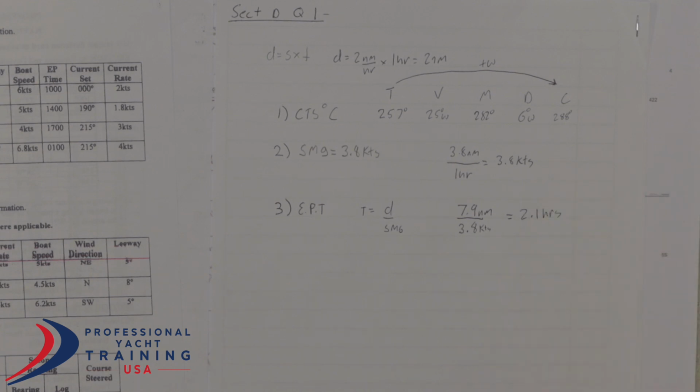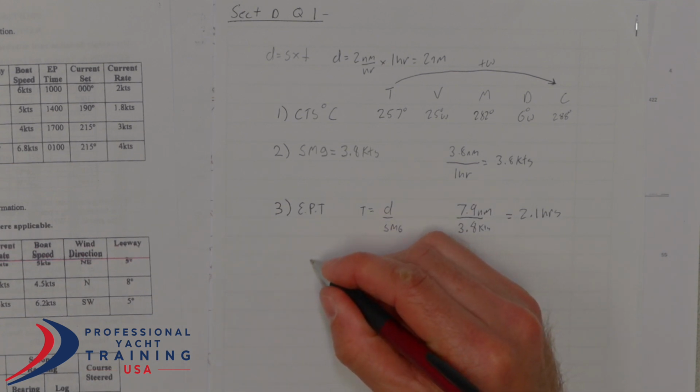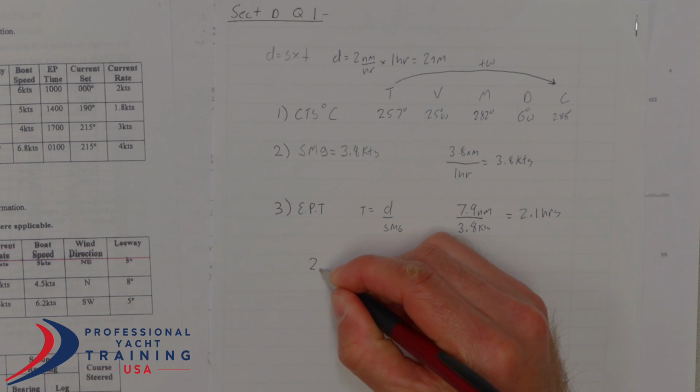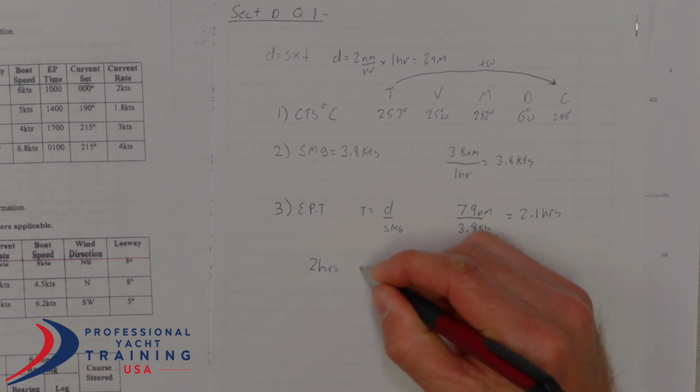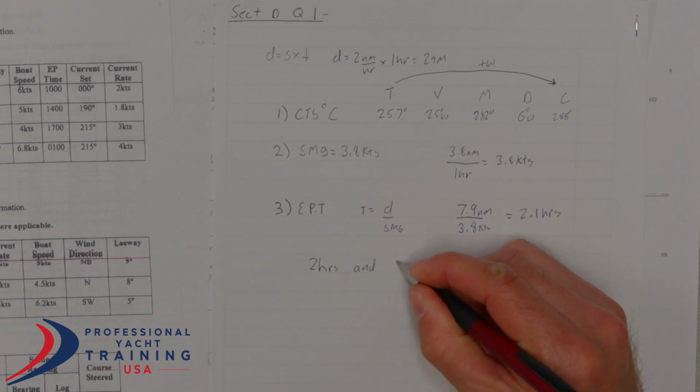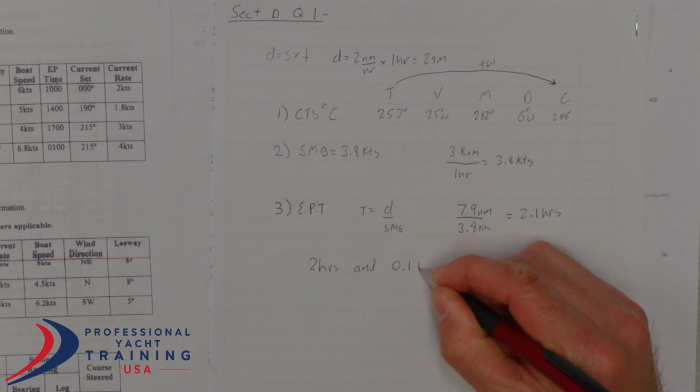Now, if you get there, you're doing good, but that's not the usual way that I tell time. I usually tell time as hours and minutes. So maybe for my final answer, that 2.1 hours is the same thing as, let's say, 2 hours and 0.1 hours.